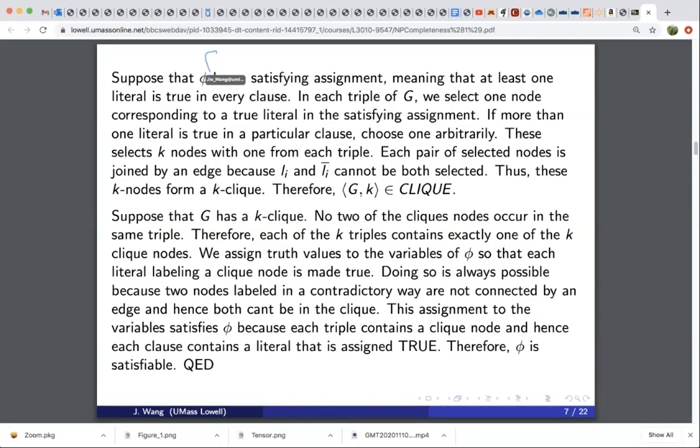So this is the reduction: you construct G sub phi, and this k is simply the number of clauses of phi. So this is k sub phi, the number of clauses in phi.